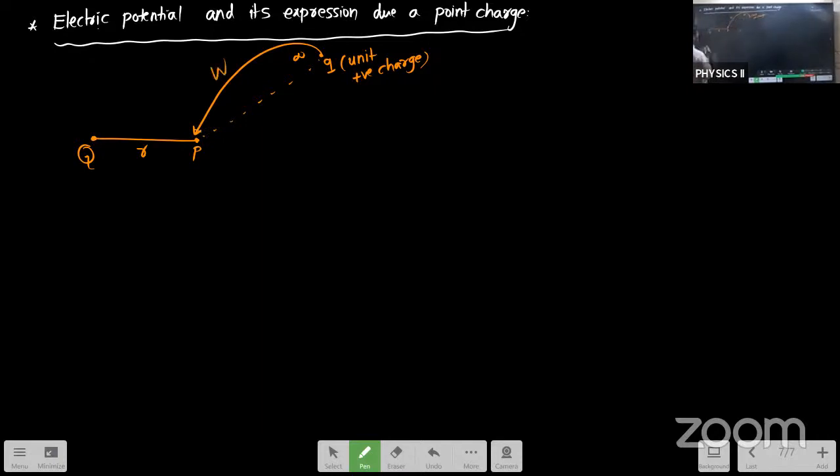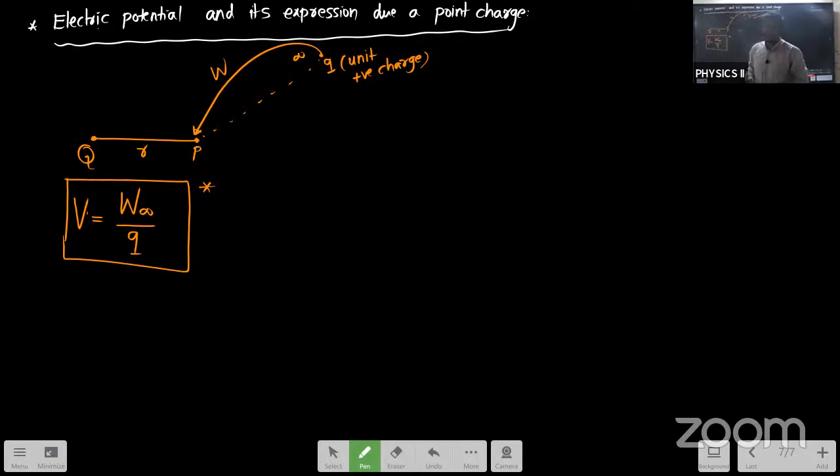So, we can define electric potential as work done in bringing a unit positive charge from infinite distance to a particular point P. I hope you understood the definition for electric potential.